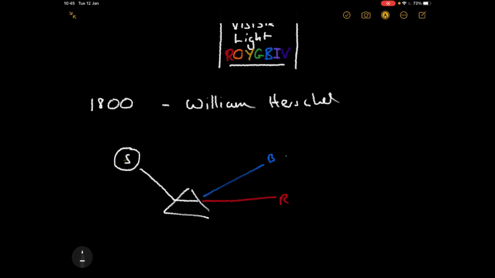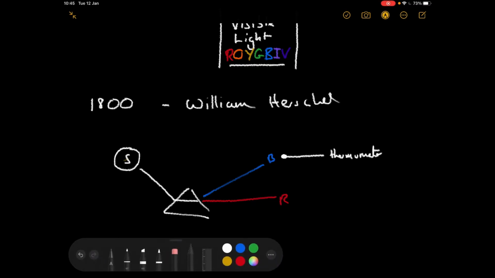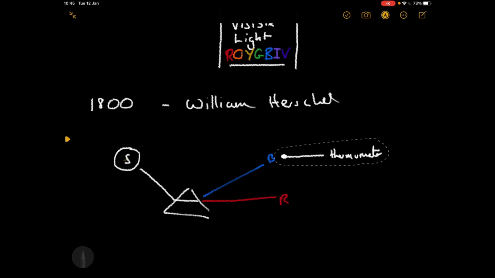And so this light is going to shine on a thermometer. And he had the thermometer in the patch of blue light or violet light and measured how long it took for the temperature to rise.